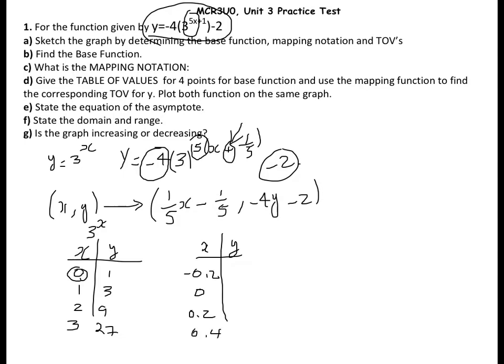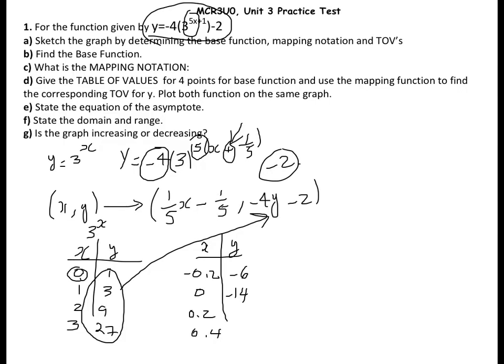Now for the y coordinate, I'm going to use the values given here and substitute them into this mapping notation. If y is 1, I get negative 4 times 1 is negative 4 minus 2, which is negative 6. If y is 3, negative 4 times 3 is negative 12 minus 2, which gives me negative 14.